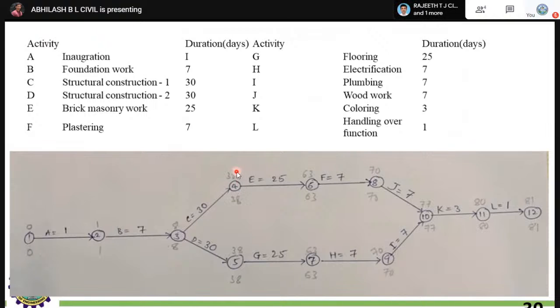Then 38 plus 25 goes on to 63. 63 plus 7, 70. 70 plus 7 gives us 77. Next 77 plus 3, 80. This will be the early start time of the project.